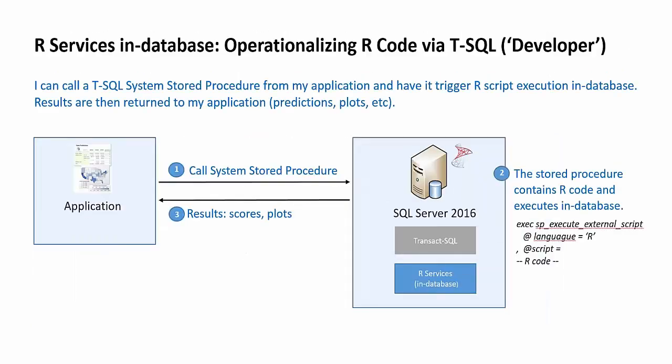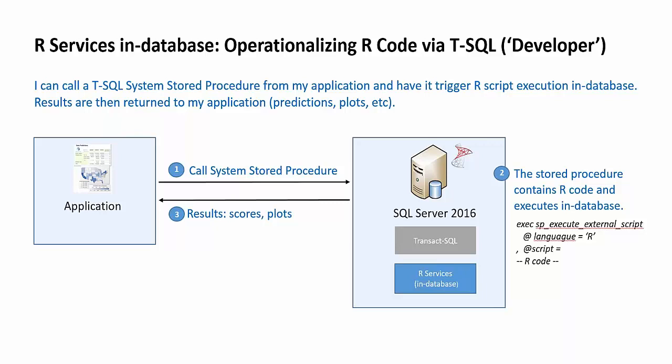Then the next scenario is really how do you operationalize the R code? This is basically to provide any application connecting to SQL Server to leverage any of the intelligence exposed using your R scripts, right? So here in 2016, all we did was we added a system stored procedure which can basically execute R script along with some piece of T-SQL code, right?